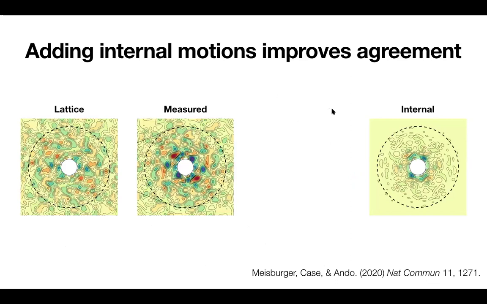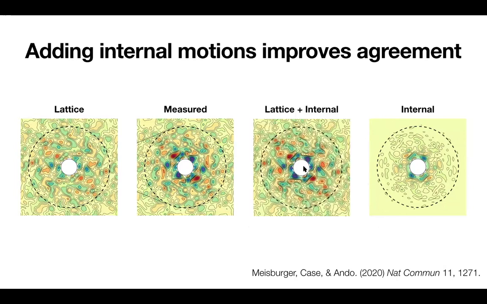Okay, now we again simulate diffuse scattering and calculate the Patterson function. So these are the ones I showed already, lattice alone and measured. On the right now is the Patterson function from that internal motions model. And you can see that internal motions alone doesn't look much like the measured diffuse scattering, but we're going to add it to the lattice model because both of those things are contributing to the diffuse scattering.